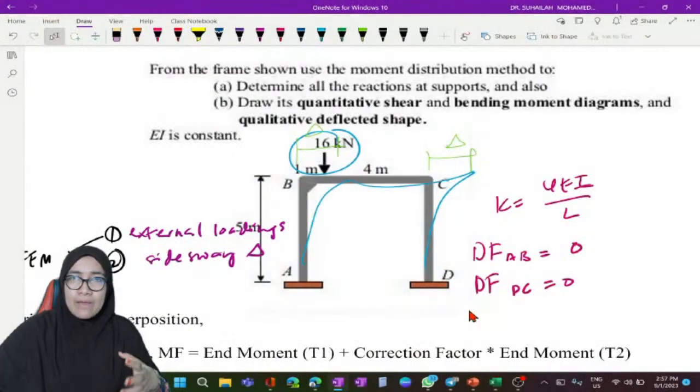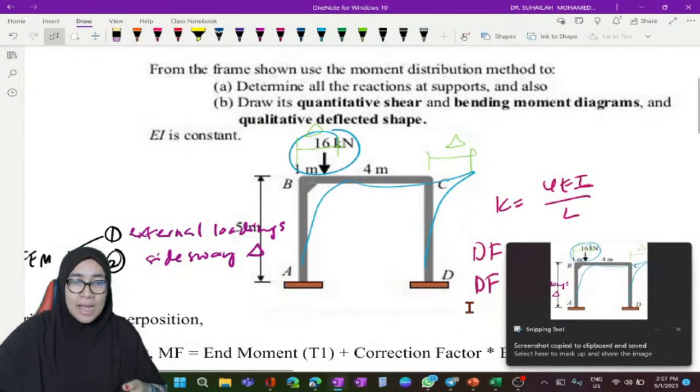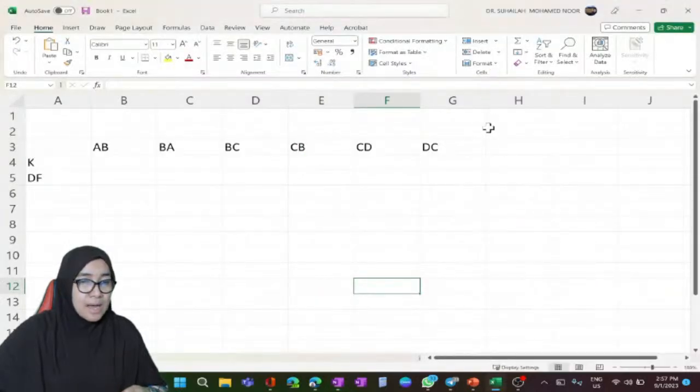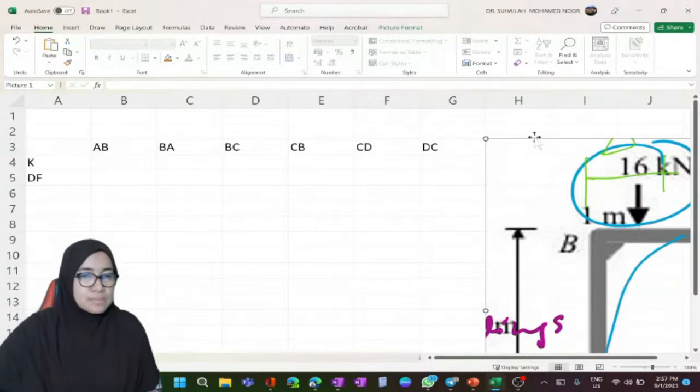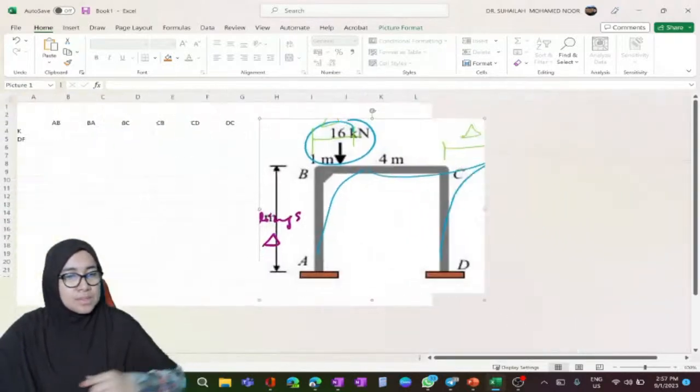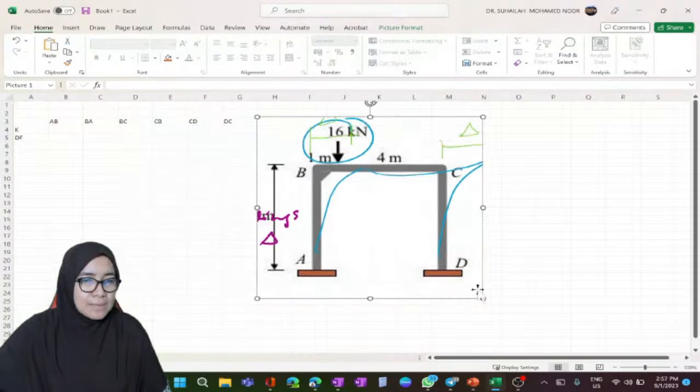Whenever we want to do design, we use moment distribution method. Okay, so let's start now. So now I move to Excel.